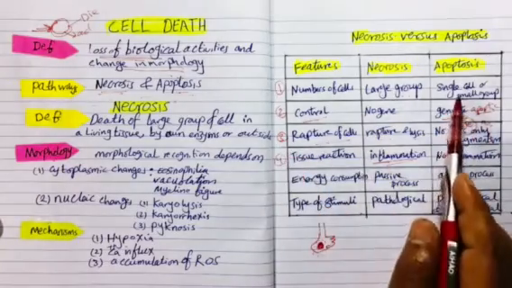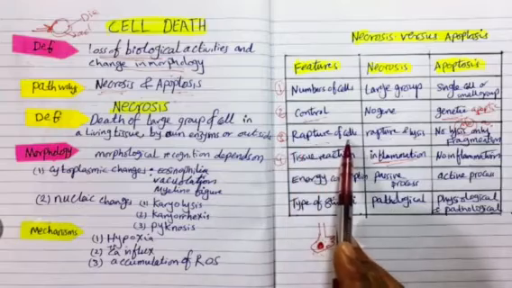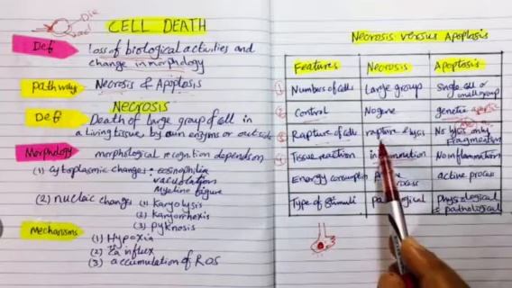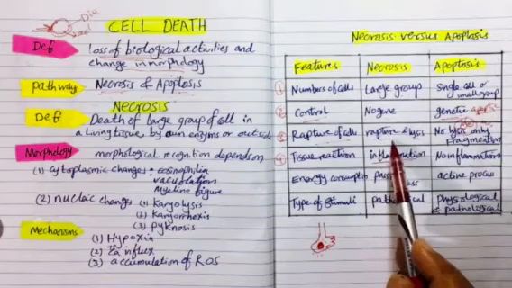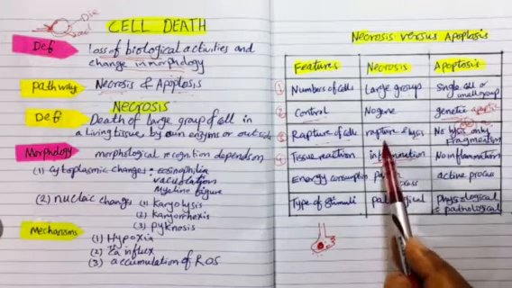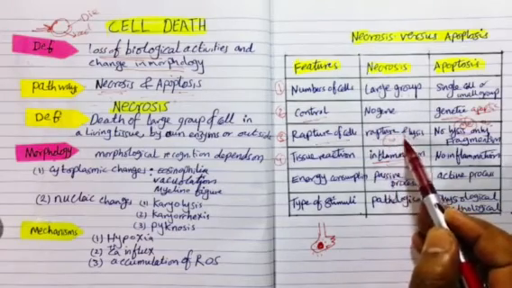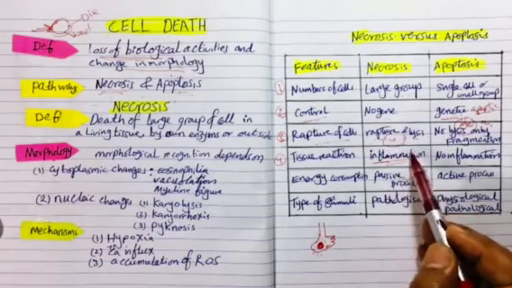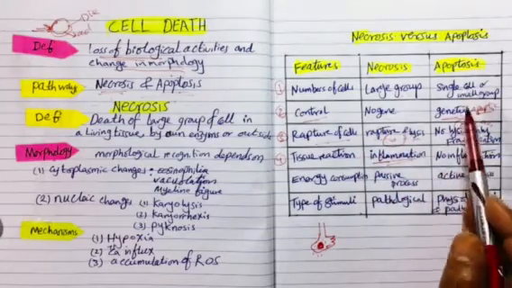The third point is rupture of cells. In necrosis, there is complete rupture of the cell, complete lysis and disintegration of the whole cell. The contents of the cell, the nucleus and the membrane, all of them will be lysed.